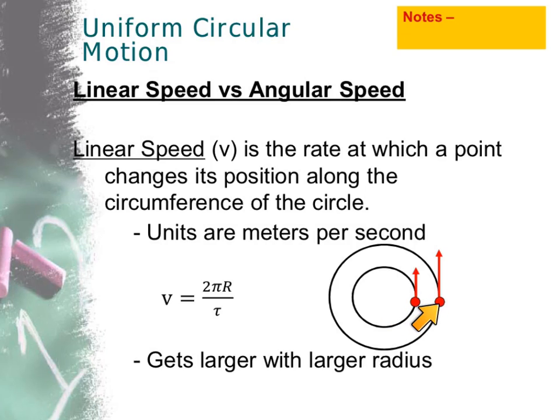So this point has to go faster to complete an entire revolution than this one right here. This one doesn't have as far to go. It has to do that in the same amount of time, so it will not need to go as fast. So linear speed gets larger with a larger radius.